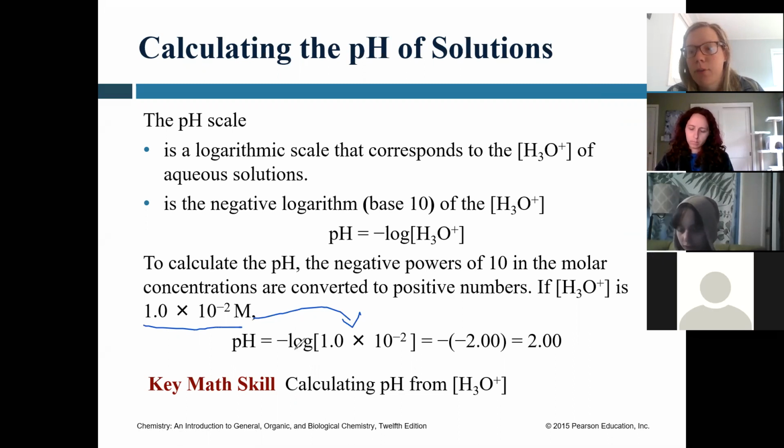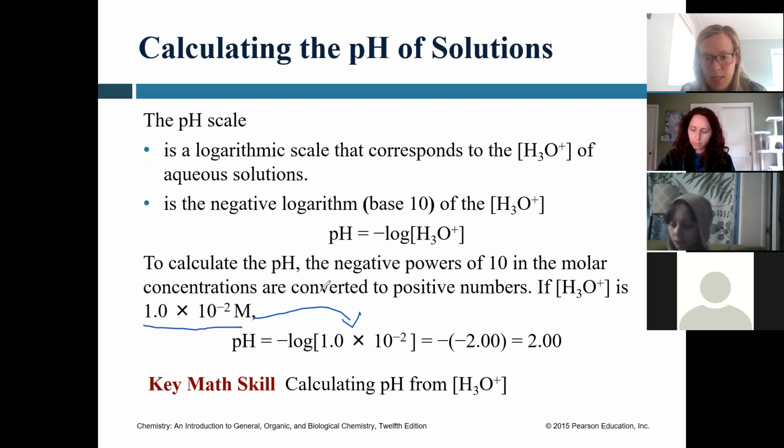So when plugging this into your calculator, if you have a scientific calculator, just plug it in the way it looks here. If you're using your cell phone, you have to actually plug the number in first and then hit the log button. And where is the log? You have to turn your calculator on the side to get expanded functions.